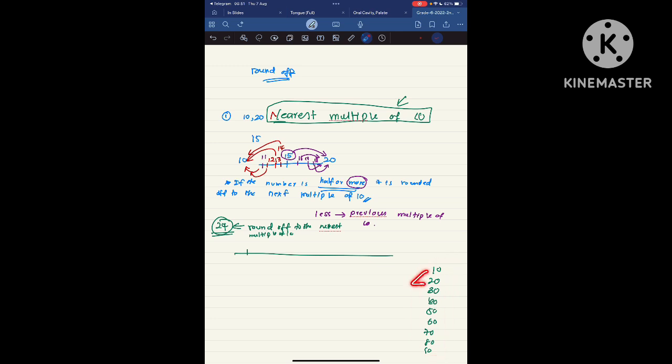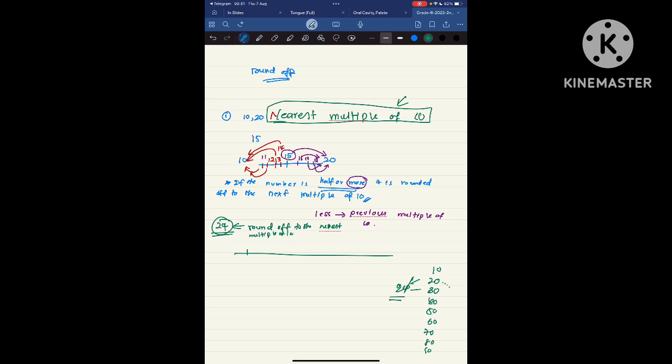Between 10 and 20, can you find 24? No. Between 20 and 30, can you find 24? Yes. So 24 is somewhere between 20 and 30. 20, 21, 22, 23, 24, right? 24 is between 20 and 30.